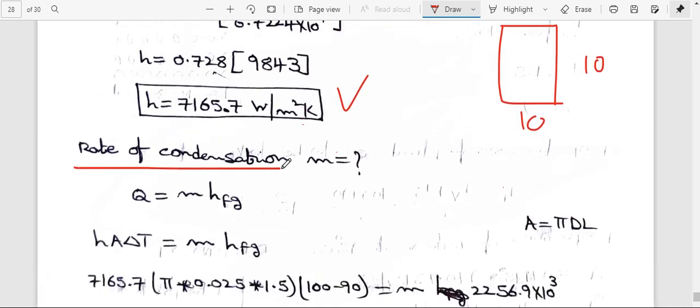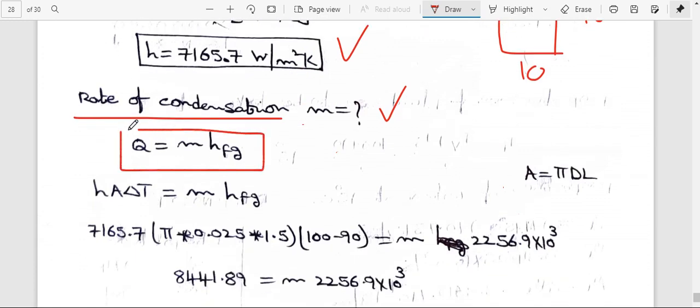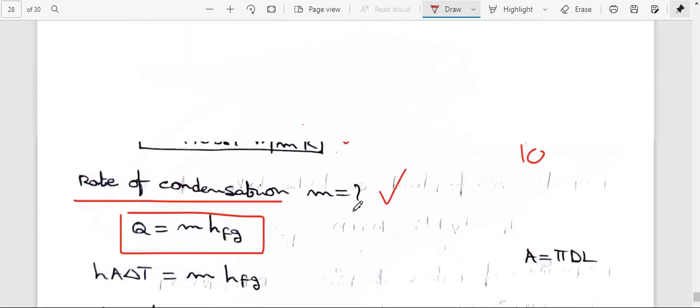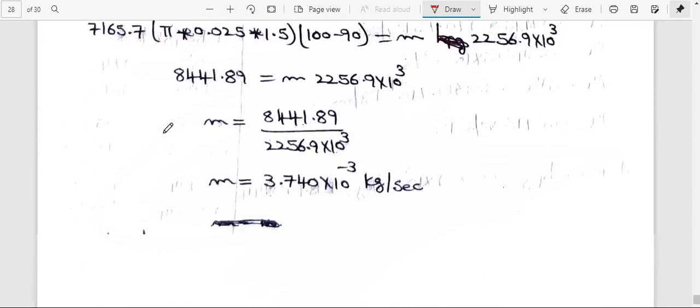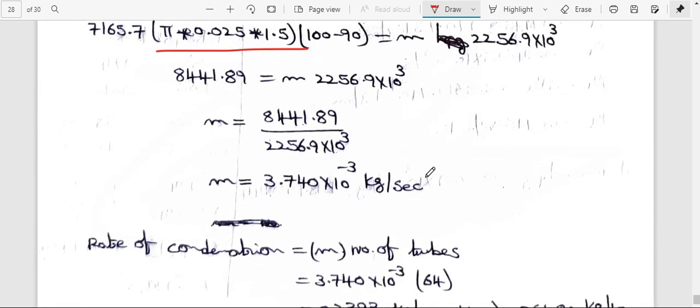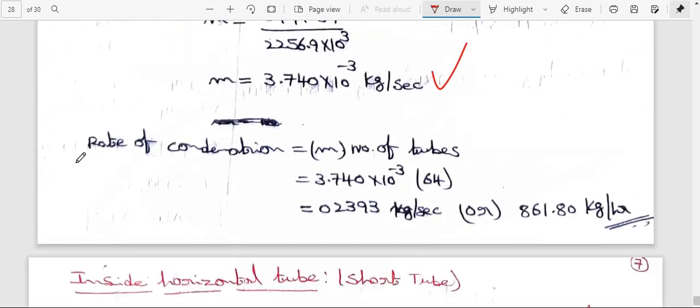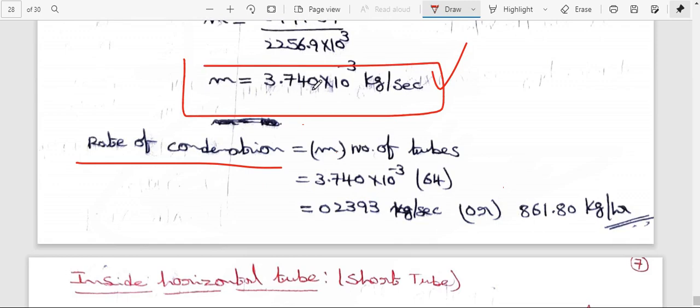In every problem we have to calculate the rate of condensation and the convective heat transfer coefficient. We know Q is equal to M HFG. This is a cylindrical object, so area is equal to pi D L. After substituting all these values, M is equal to 3.740 into 10 power minus 3 into number of tubes.